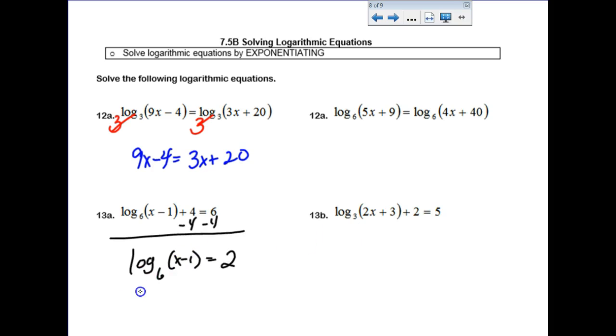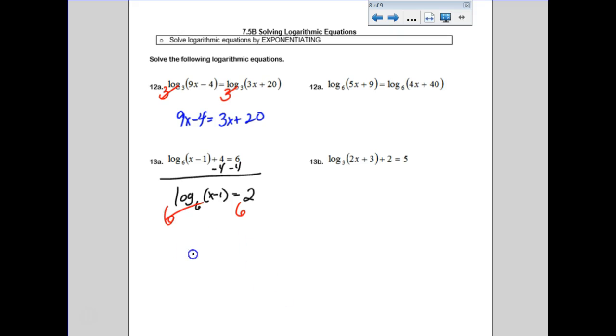So let's exponentiate with a 6. So 6 to the log base 6 is going to cancel. Yes, these cancel and x minus 1 drops down. But your friends are telling me this is 6 to the 2nd power now. That's 36. So your answer is 37.